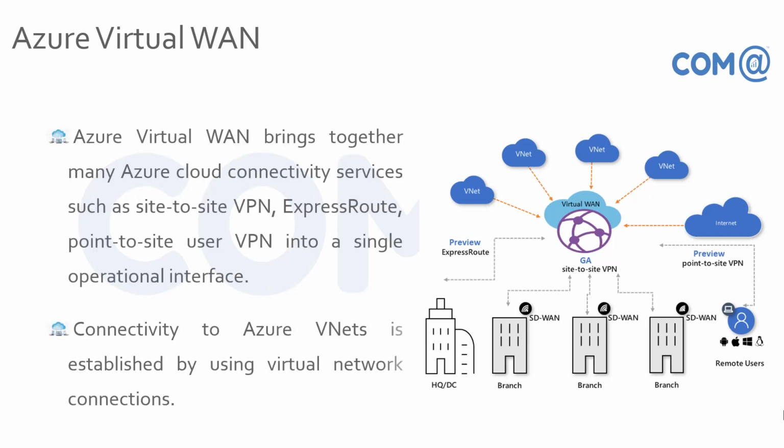Azure Virtual WAN brings many cloud services together, as you can see in the diagram, where Azure WAN connects site-to-site VPN, ExpressRoute, and point-to-site user VPN into a single operational interface. Connectivity to Azure VNets is established by using virtual network connections.